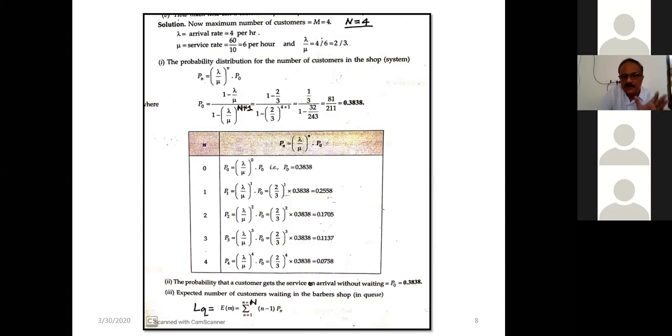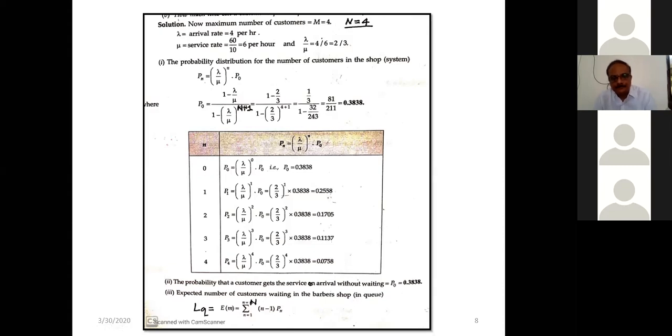That will be the total number of customers in the system minus 1. Why minus 1? Because out of these n, one of them will be getting service. So the number of persons in the queue will be (n minus 1) into Pn.